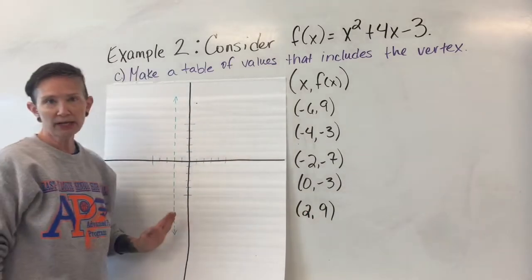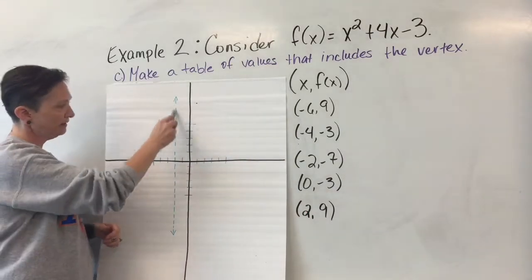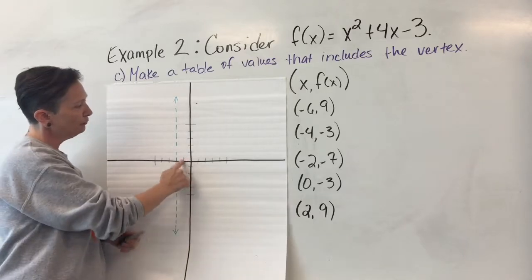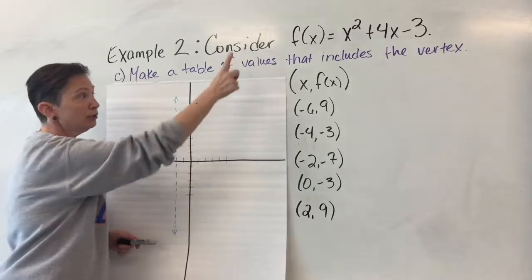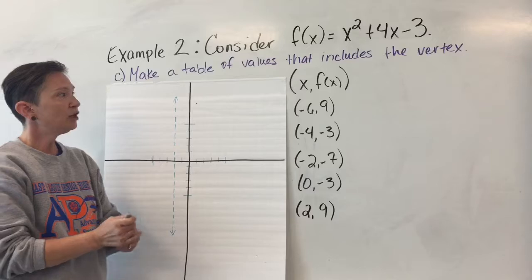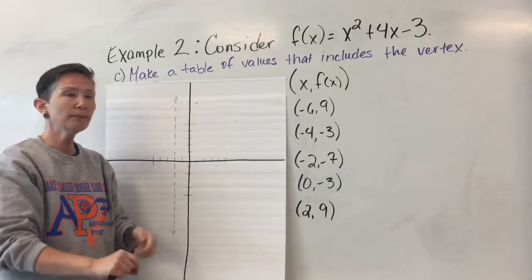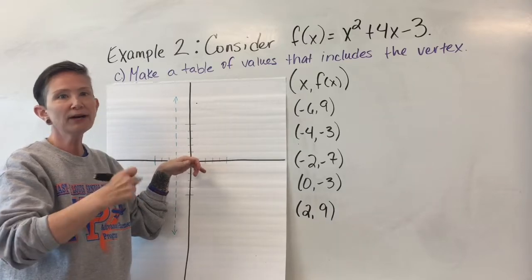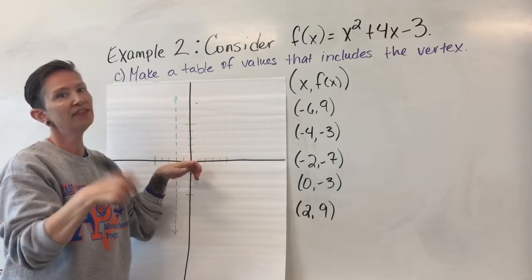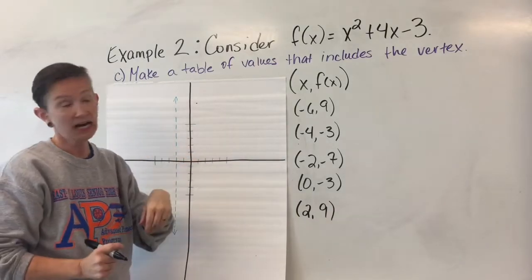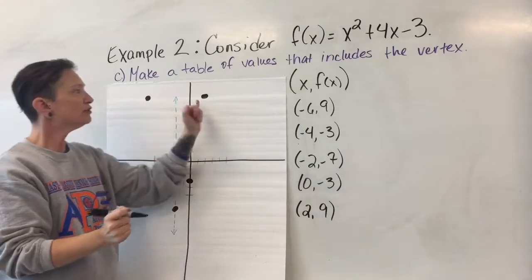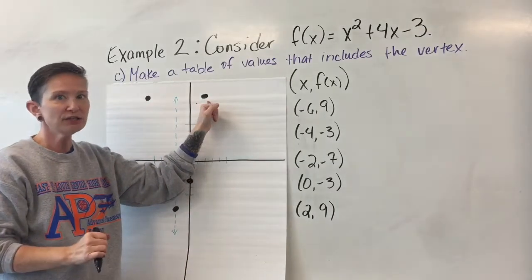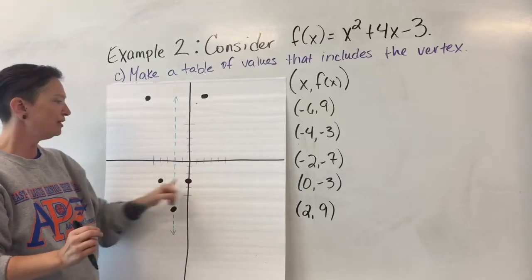I've got my graph right here. I already marked off my axis of symmetry going through x equals -2. So let's plot my coordinates. For each one, I'm going to start at the origin. I'm going to move left to right first and then up and down. Then that's where I'm going to put my dot. So these two coordinates are the reflections of each other, along with these two coordinates.